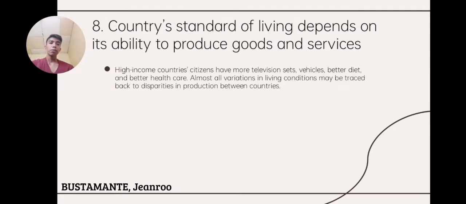The eighth principle is that a country's standard of living depends on its ability to produce goods and services. As we all know, different countries have varying levels of life, and this is directly tied to the country's output. Not only that, but changes in living standards through time might be substantial as well.